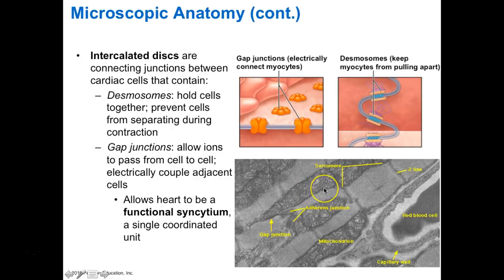The desmosomes help to hold our cells together so that they don't separate during muscle contraction. And our gap junctions allow ions to pass easily from cell to cell so that the cardiac muscle all contracts together. We call this functional syncytium.